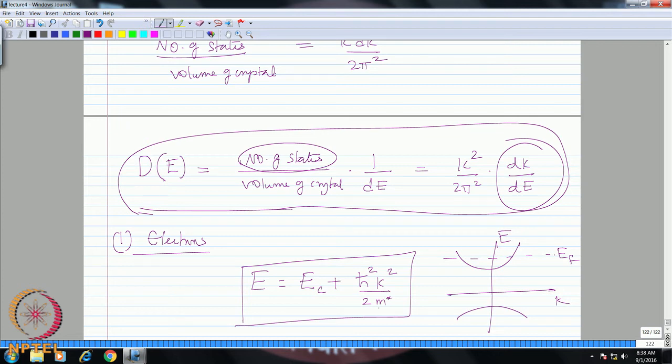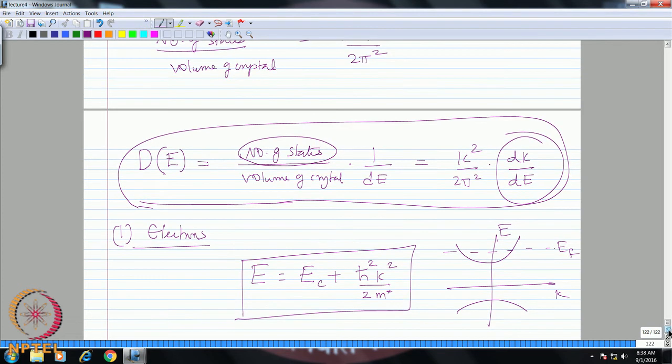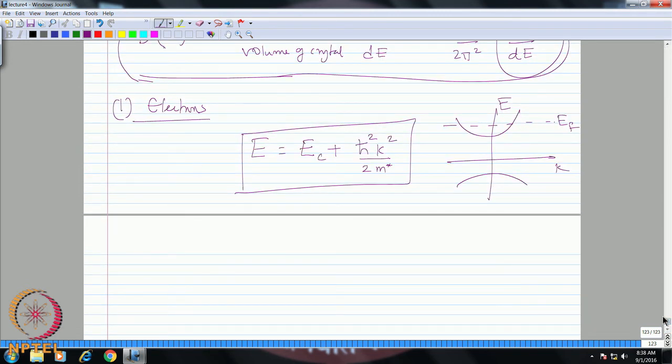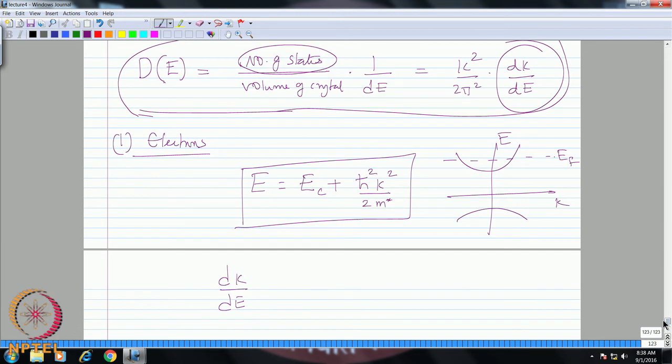So, this is your effective mass here. So, now you can calculate from this dk by dE, and then substitute this into the above expression, and then let me know what is the final expression for density of states.